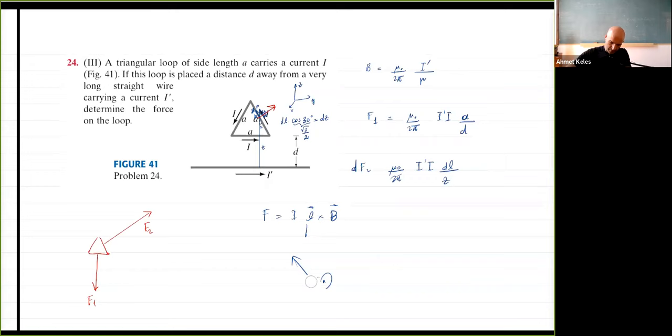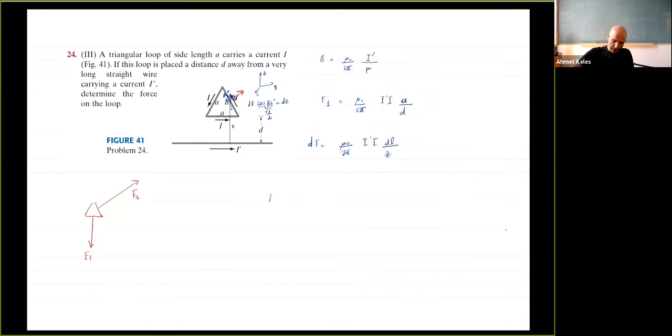So one more time, B is mu0 over 2 pi I prime over R, and F is equal to I L cross B, and L I just set up to be along this little chunk, and B is out of page, so F in total is going to be in this direction.